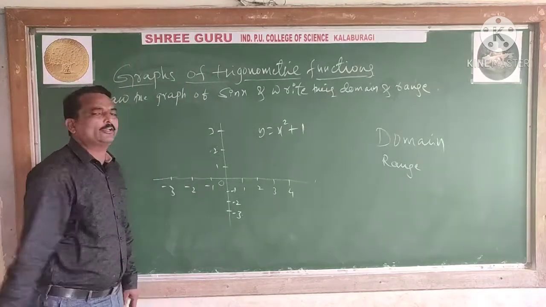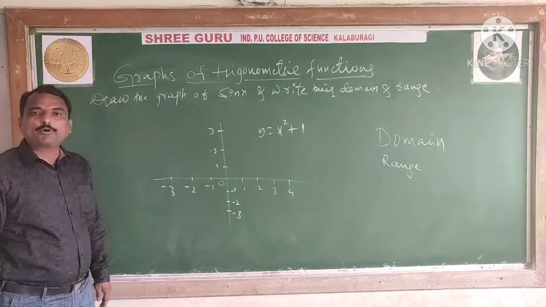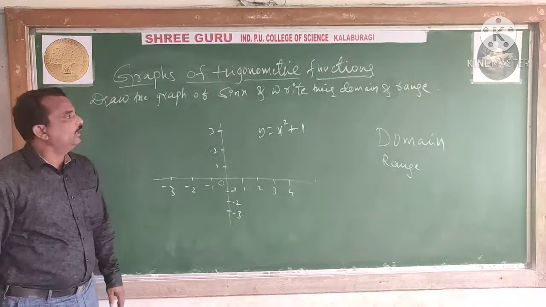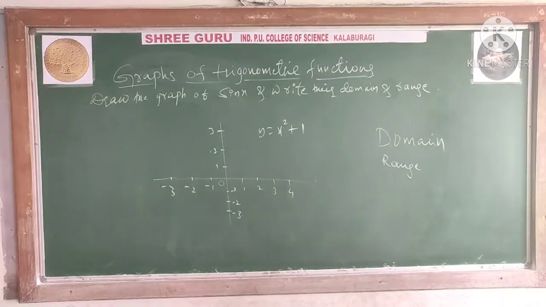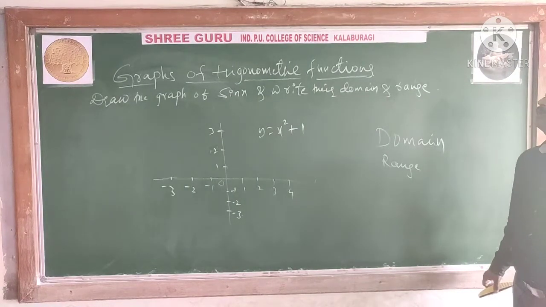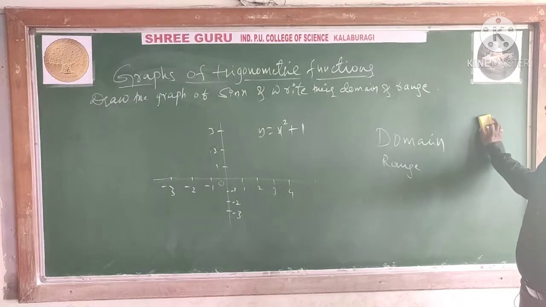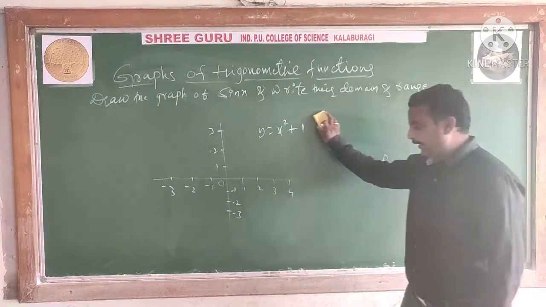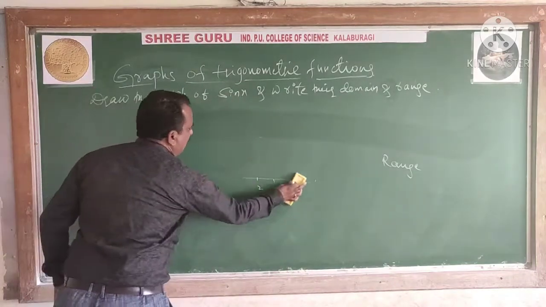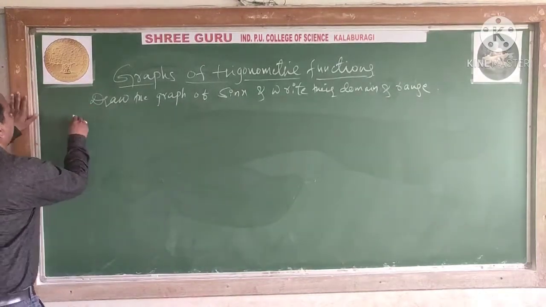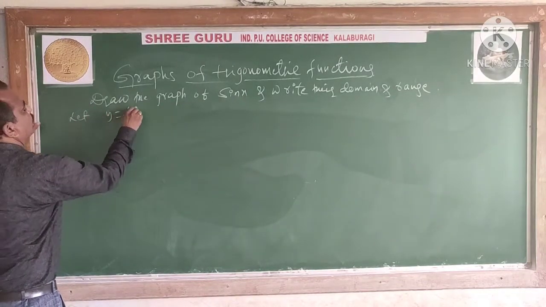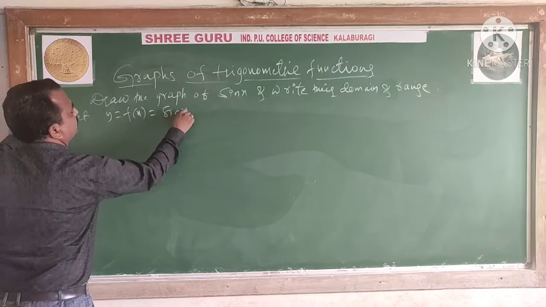Now you should draw the graph of the trigonometric function sin x. So let the function y is equal to f of x equal to sin x.